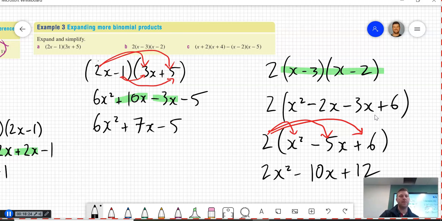Okay? So that's the process there if you have a term in front of the 2 brackets.